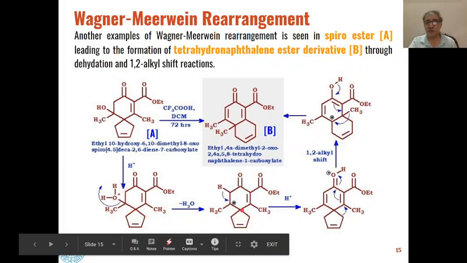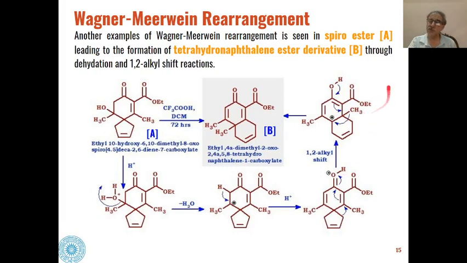a carbon-carbon double bond. So first, by loss of water, a carbocation is generated, then this is lost, we will get a carbon-carbon double bond, and then this bond will shift to this to undergo a ring expansion reaction. This will move to this place, this will move to this place. Then again this hydrogen will move from here to this carbocation like this.